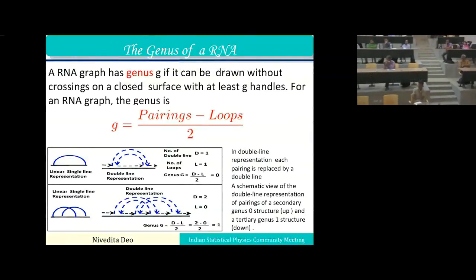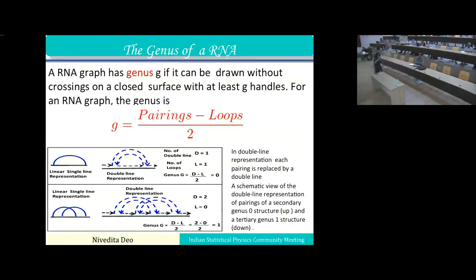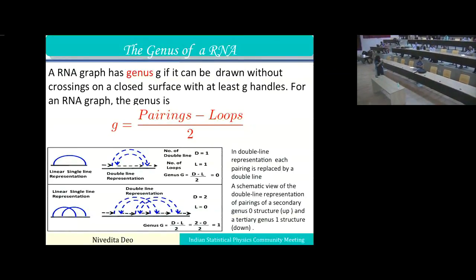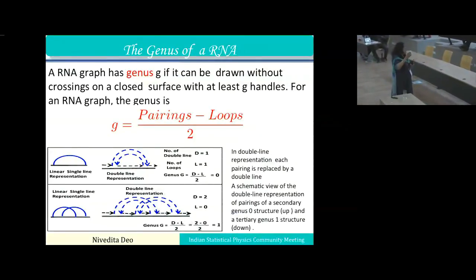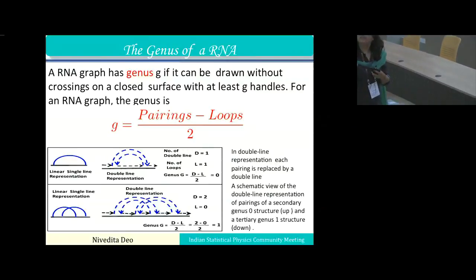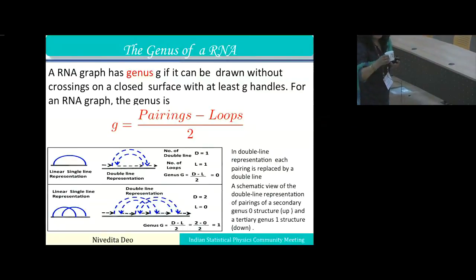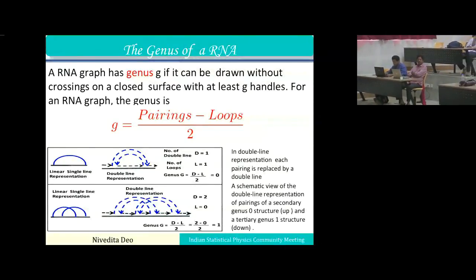So I have to put it around this handle here, and hence the surface of the genus for this graph, the RNA which has this diagram in the circular representation, has genus 1.